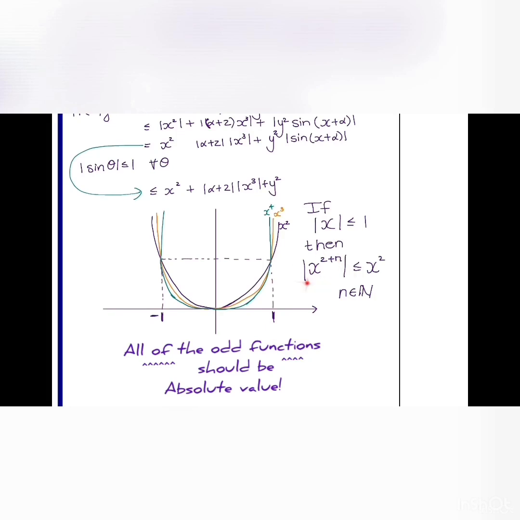Please note that these only work for n of natural numbers. So basically x cubed, x to the power 4, assuming obviously that they have absolute value. You actually don't need the absolute value, but let's not get into that. So this is the property that we have.